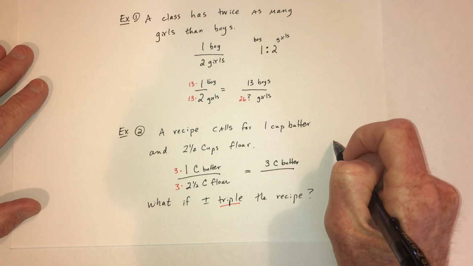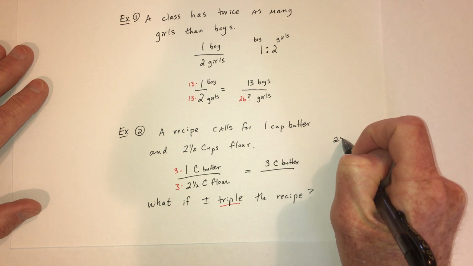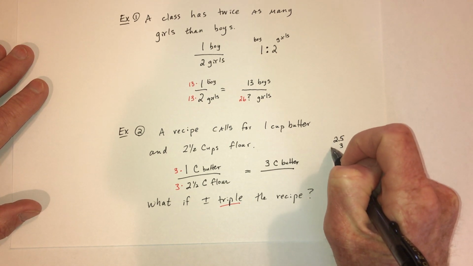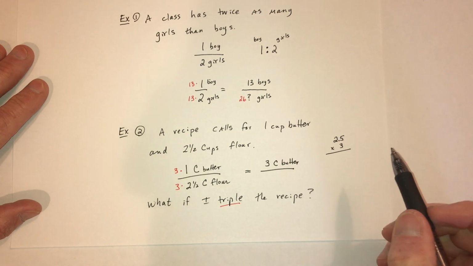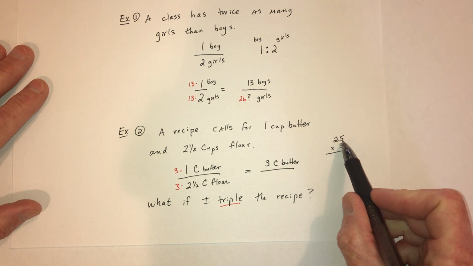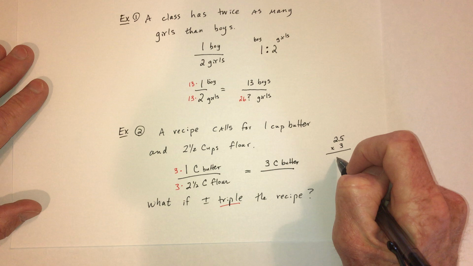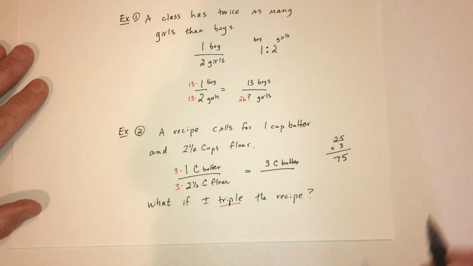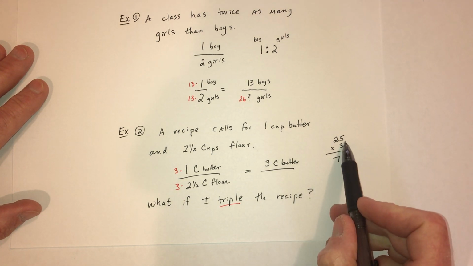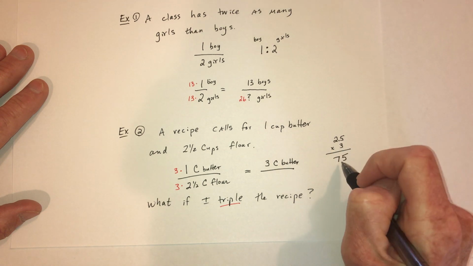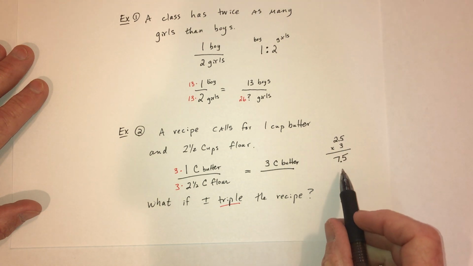So one way to do it is 2.5 and then multiply by 3. And I know that 3/4 is worth 75 cents. So I know the number is going to be 75, but then because of this, move the decimal over by 1. So then it would be 7.5.